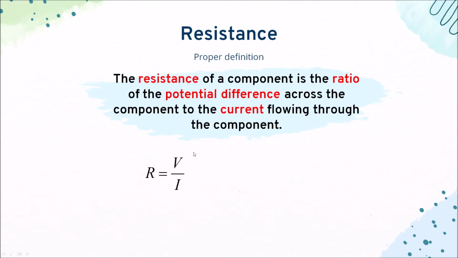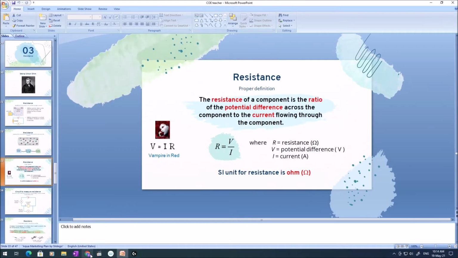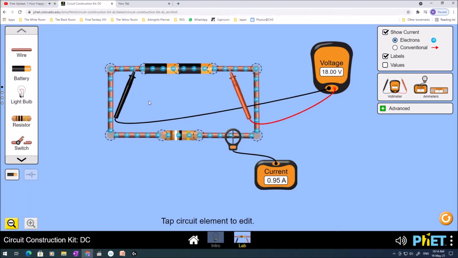It's easier to understand resistance by looking at the equation itself. R equals V over I. Let's look at this circuit. Ohm did his testing. He realized that by fixing the voltage of the battery and testing different components over here, the current changed.